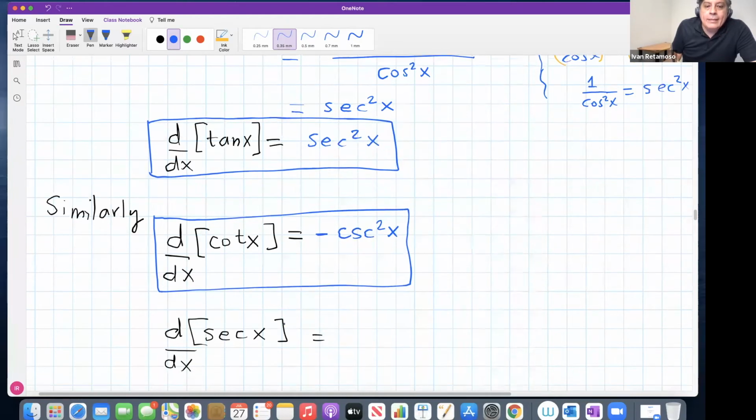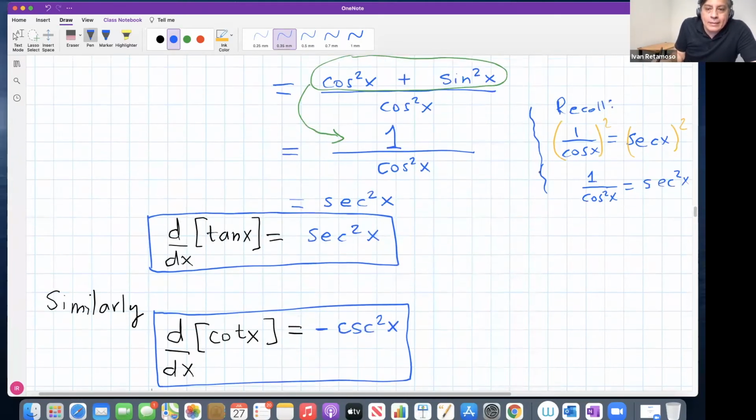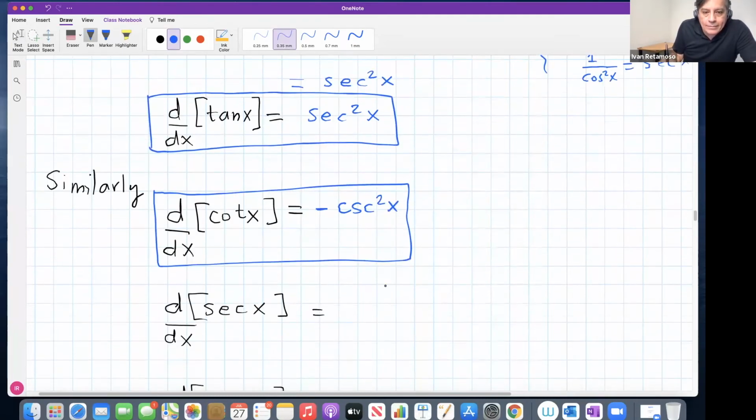Similarly, mathematicians use for secant 1 over cosine, like in here. If you apply the quotient rule to this, then you get that the derivative of secant of x is, surprisingly, secant of x times tangent of x. It starts with itself, but then gets multiplied by tangent when you simplify.